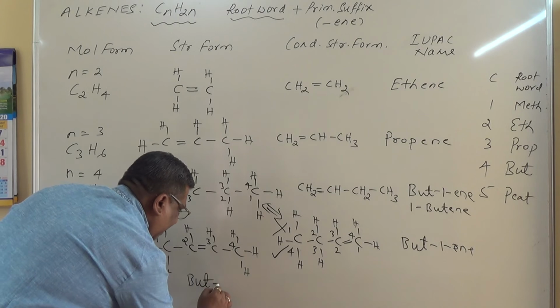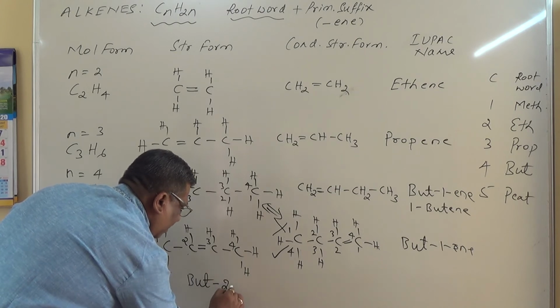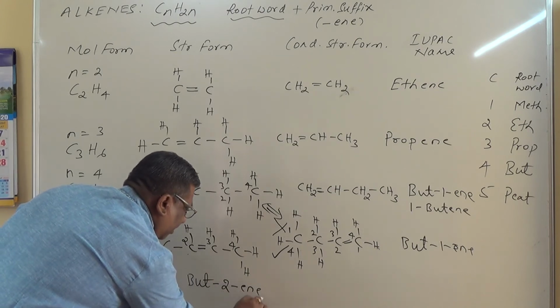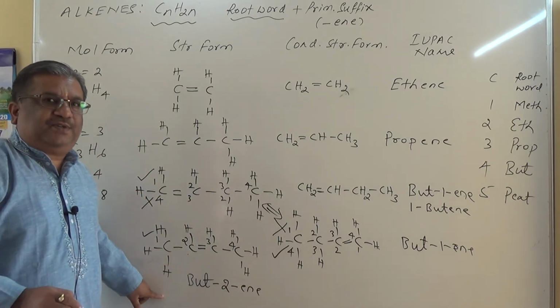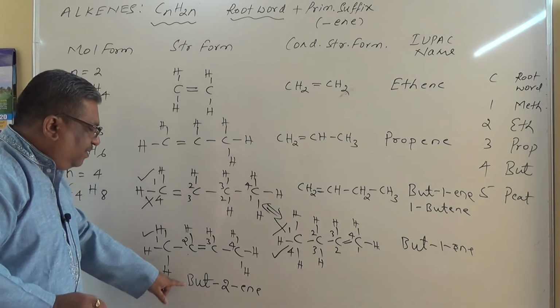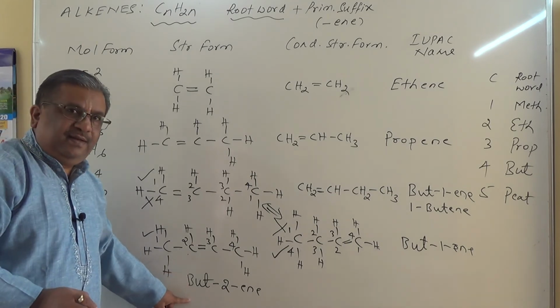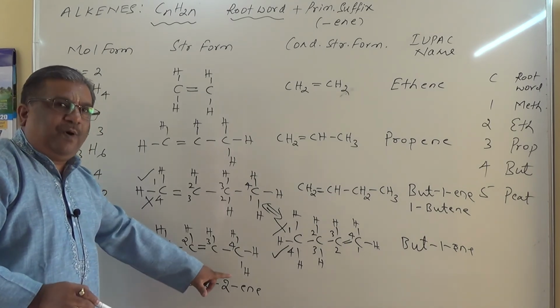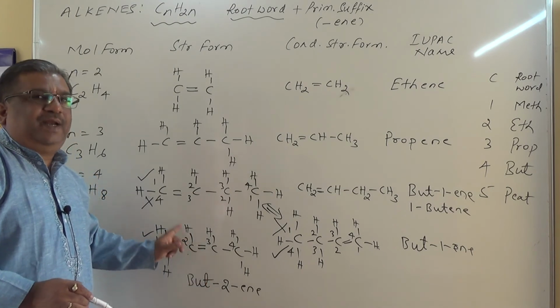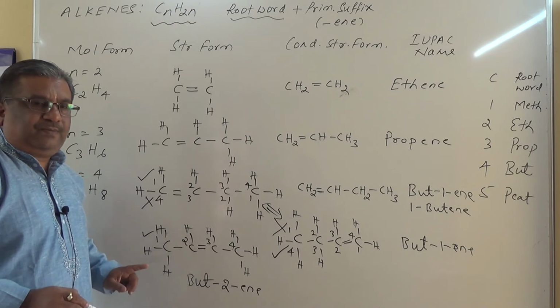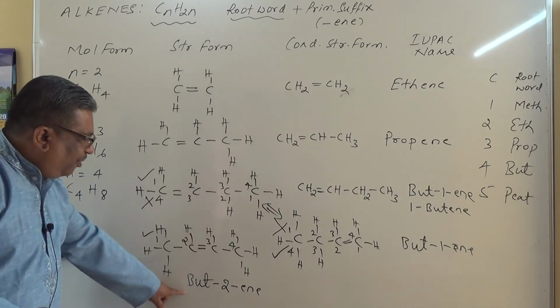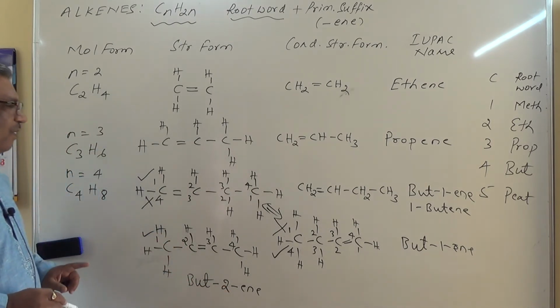Therefore but-2-ene is the correct way of representing the IUPAC name. Of course, you can use 2-butene, meaning the double bond is attached to the second carbon atom. The locant of carbon is 2 for the double bond in this compound. So but-2-ene is the name of the compound.